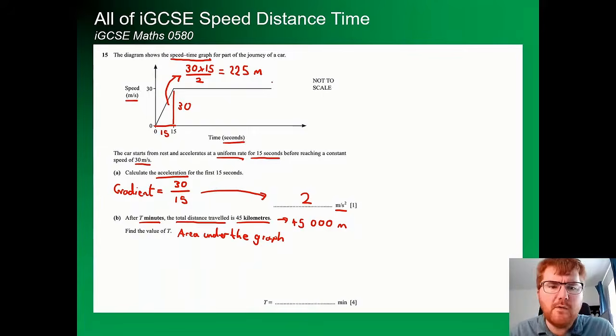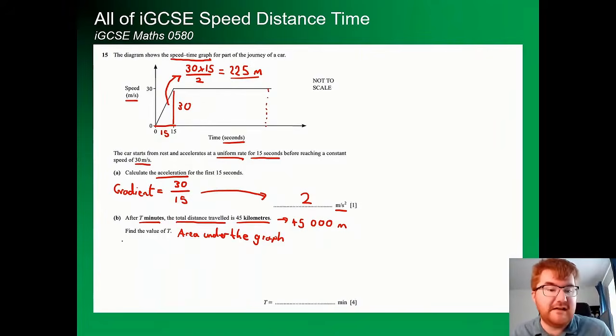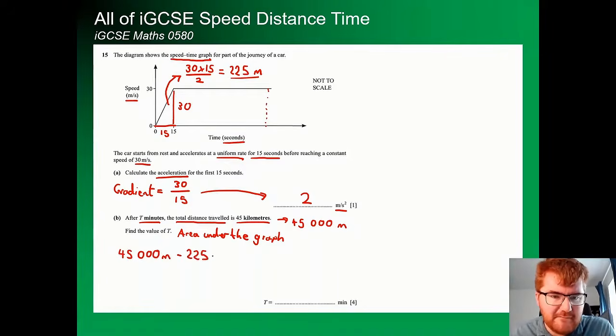So what we want to find is the entire area here is equal to 45,000 meters. So the first thing I'm going to do is take away this 225 meters from 45,000. So I then just need to work out the area of the rectangle. So I'm going to do 45,000 meters because that's my total, and take away 225 meters.